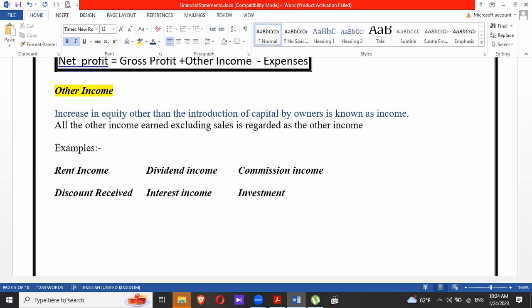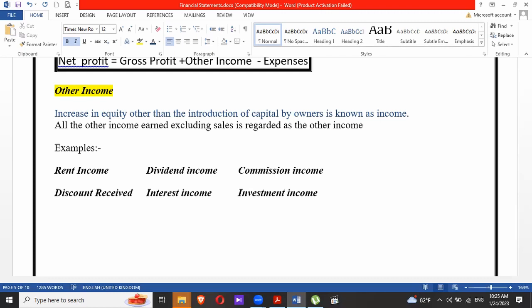For dividend income and interest income, as a common word, we can write investment income, because shares and fixed deposits are different types of investments. Their returns we can simply call investment income.